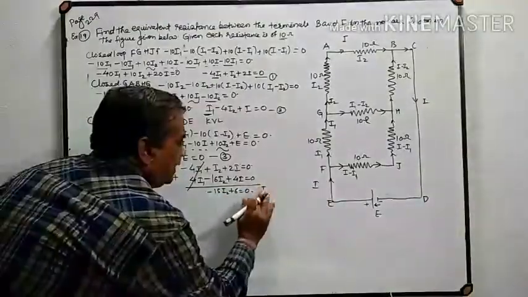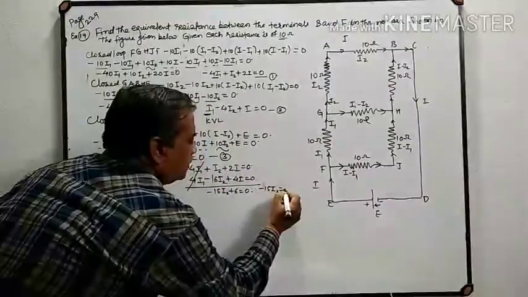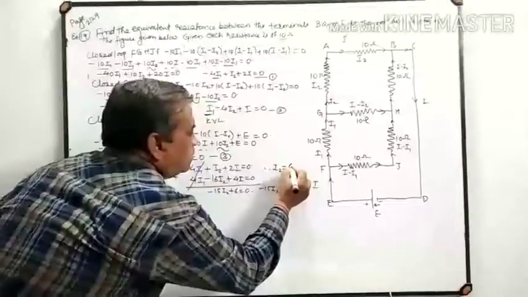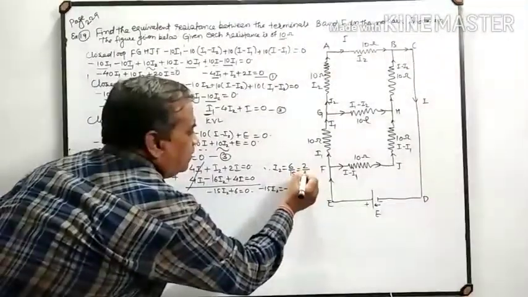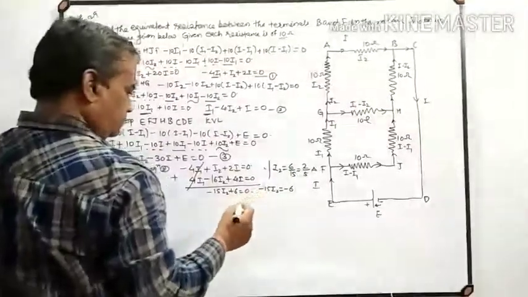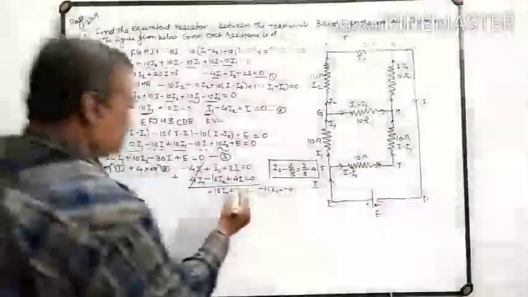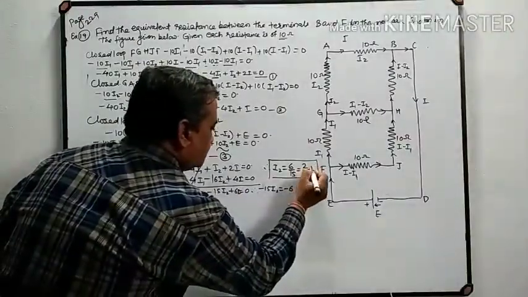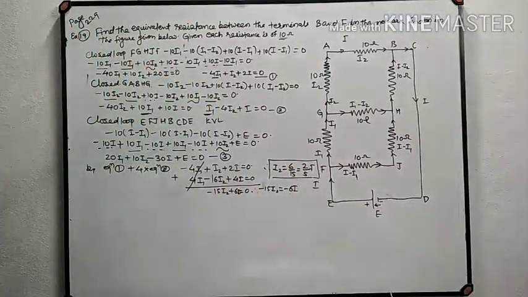Therefore, minus 15I2 is equal to minus 6I. Therefore, I2 is equal to 6 divided by 15, or 2 divided by 5 I.